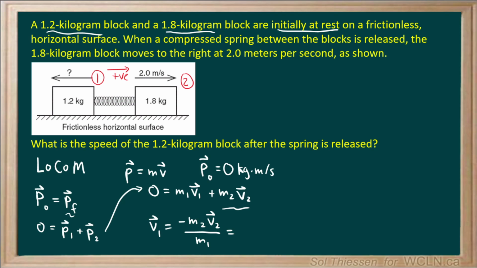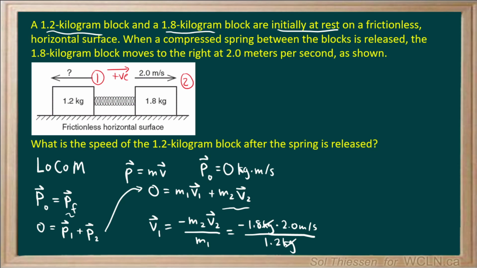Now if we plug in our values, we'll have negative 1.8 kilograms times positive 2 meters per second. I'm considering to the right to be positive, so this rightwards velocity is positive. Then we divide by mass 1, which is 1.2 kilograms.